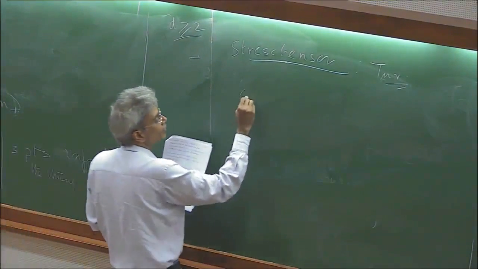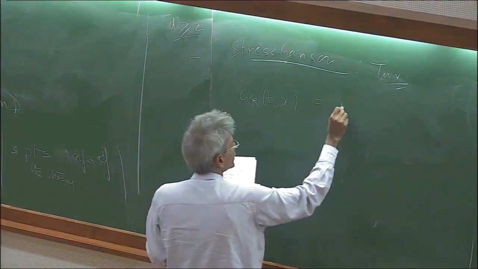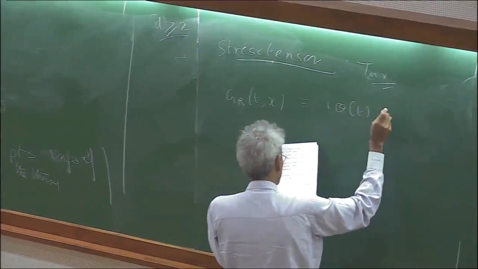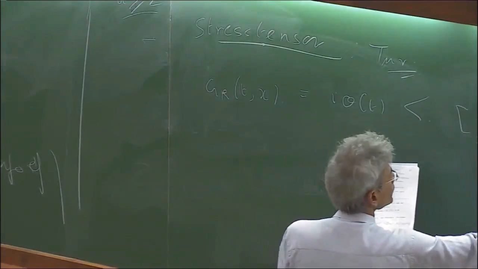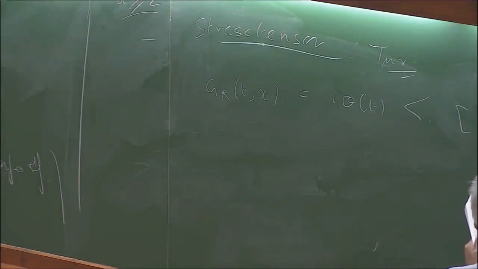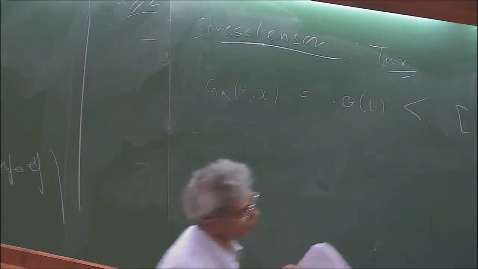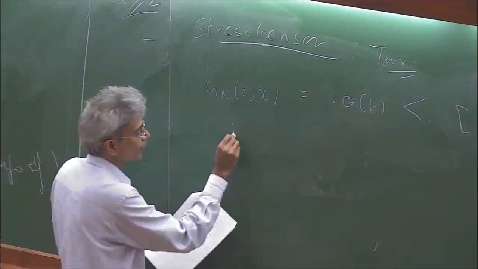So I will talk right now about the following retarded Green's function. The correlator we are interested in is that of the stress energy tensor, the XY component of the stress tensor, and its Fourier transform.